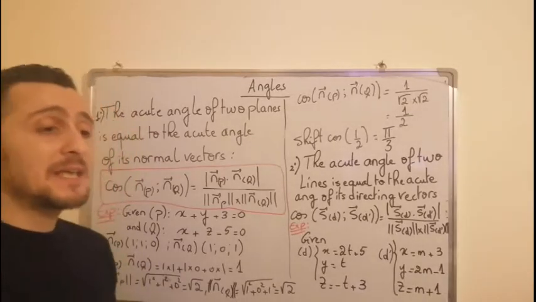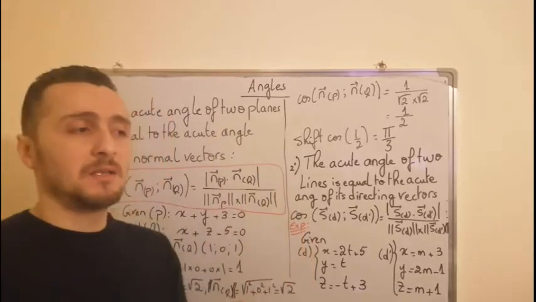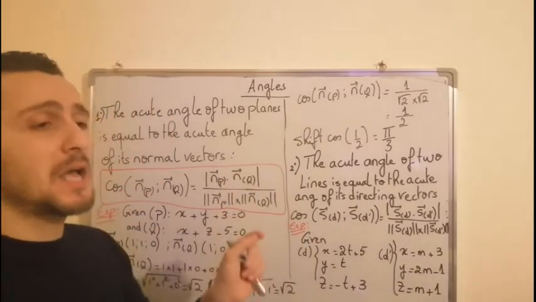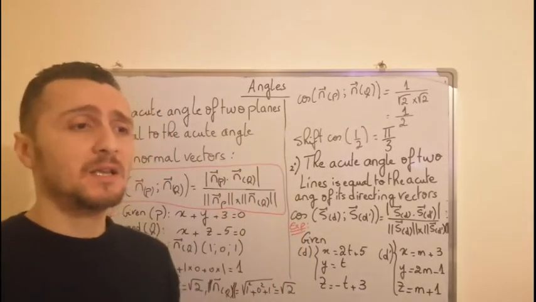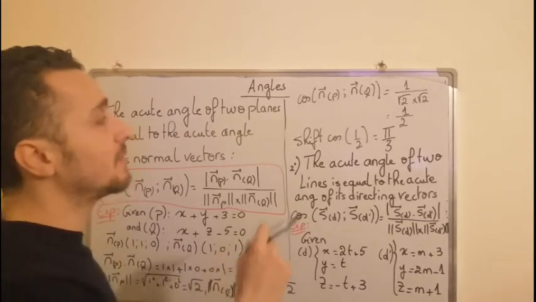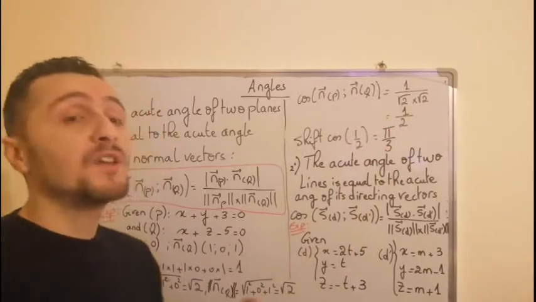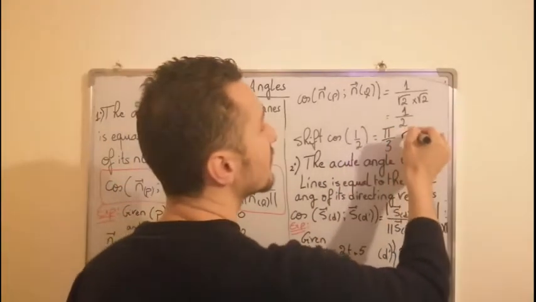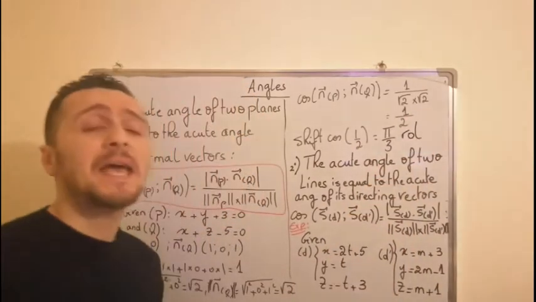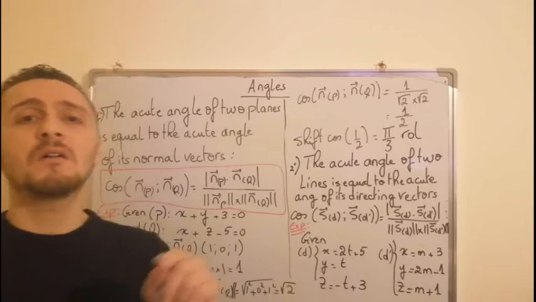But the question is, find the measure of the acute angle. But we have the cosine. Using my calculator, we can find the value of this angle by shift cosine of half equals pi over 3 in radian. Remark, we can calculate the value of this angle in radian or in degree.